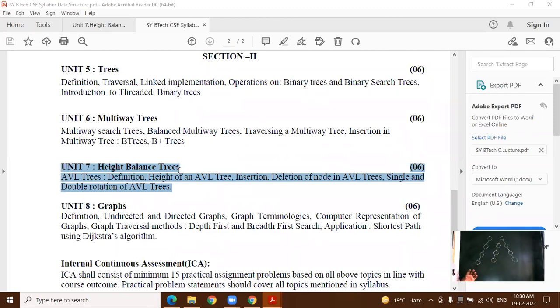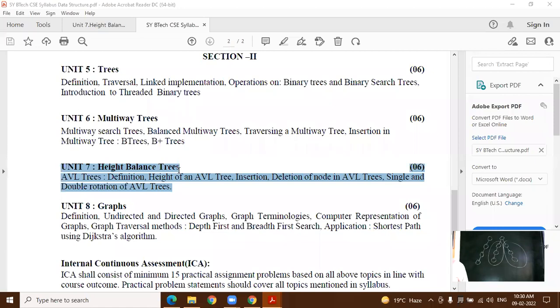How did you identify whether it is balanced or unbalanced? What kind of logic have you used here? I am expecting a technical answer. Yes, the height of the left subtree and the height of the right subtree you have considered.